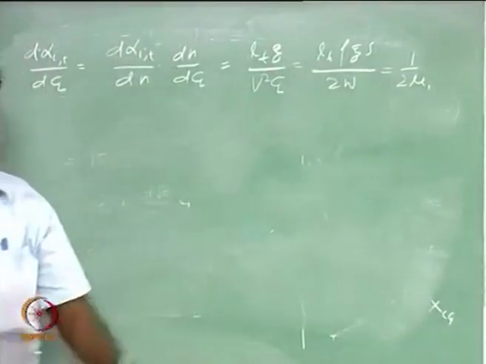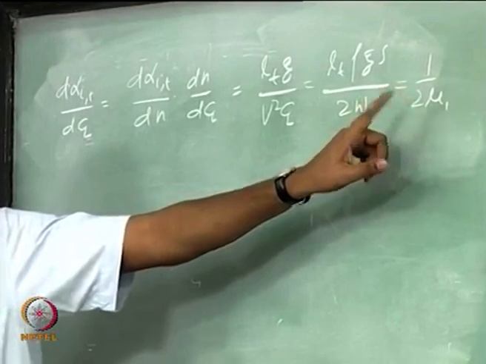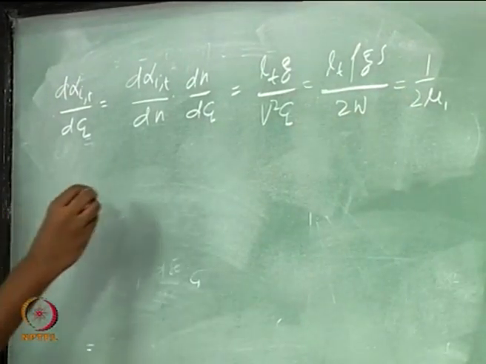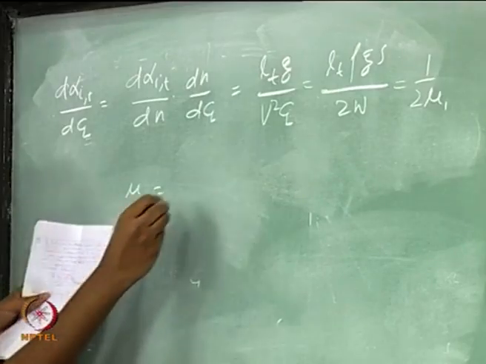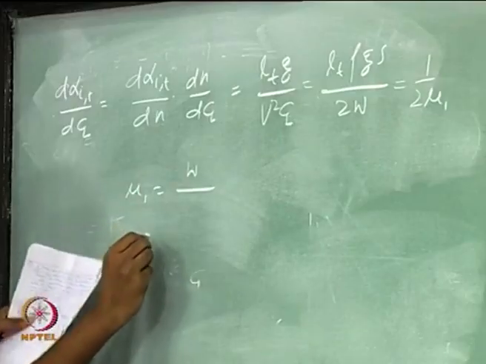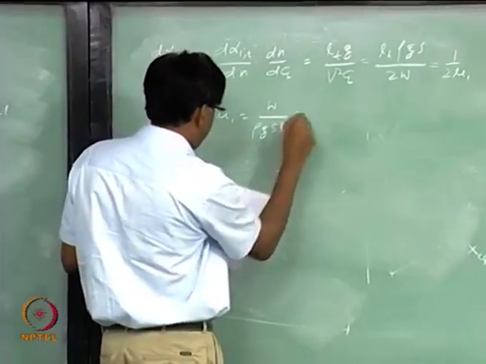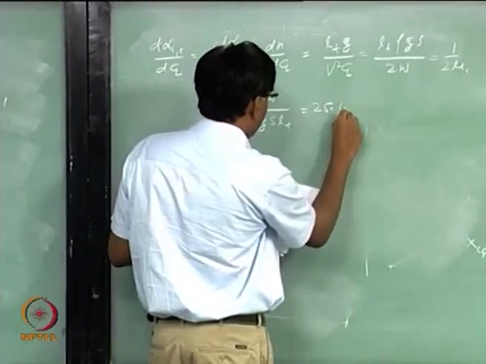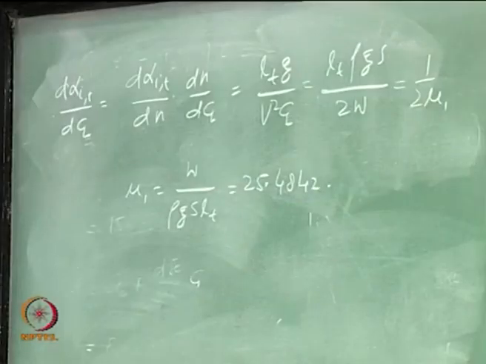Let us call this some density parameter. Okay, let us call this mu 1. So, mu 1 I can find out, right.